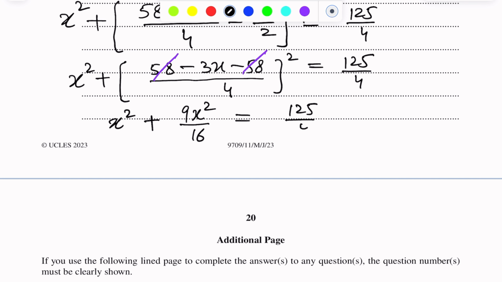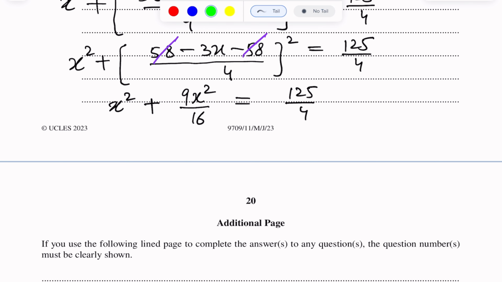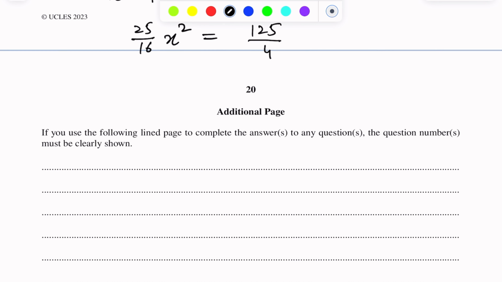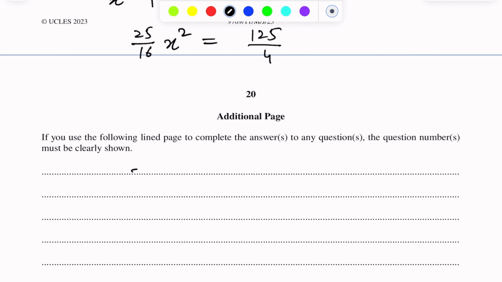Now adding these two terms by taking LCM 16, we get 25 over 16 x square is equal to 125 over 4.